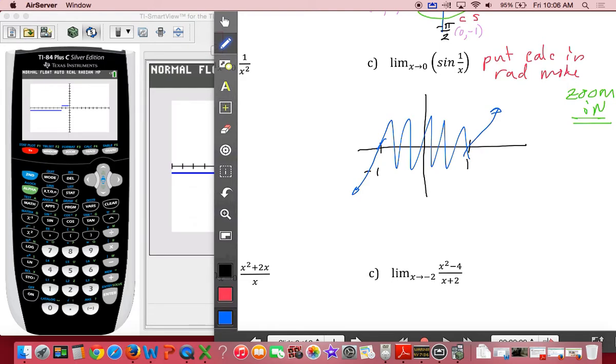So as we're approaching 0 from the right, what's happening to the y value? It's going up and down and up and down. And from the left, what's happening to the y value? It's going up and down and up and down. So this is called oscillating behavior as x approaches 0.